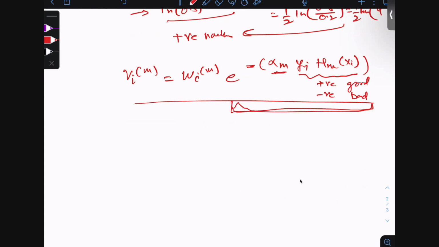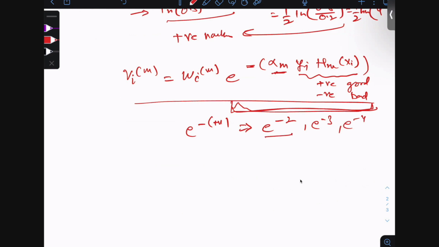This whole number will be e to the power minus something. Let's say we are giving a positive number over here. What will be the overall value of e to the power negative 2, or e to the power negative 3, or e to the power negative 4?